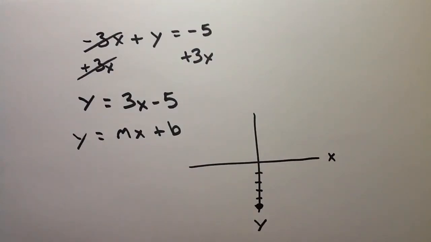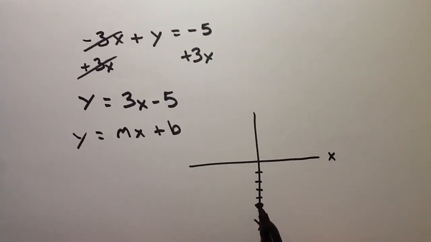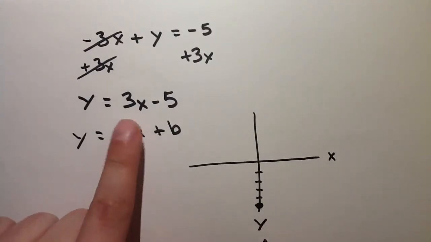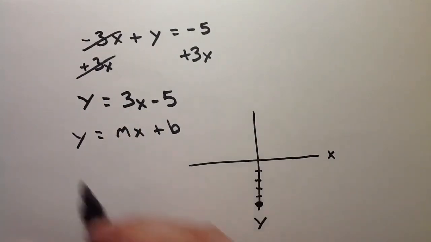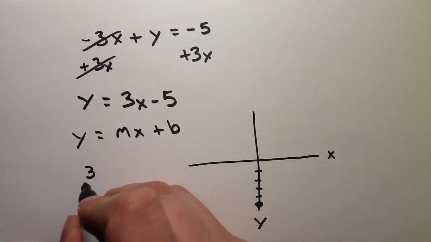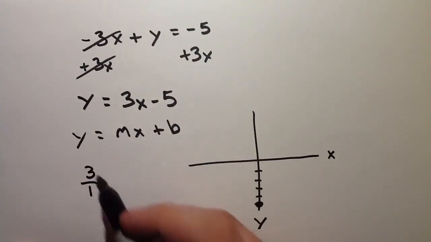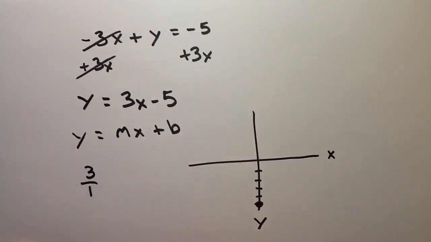Now I need to do a rise over run from the b, or the y-intercept. My slope here is 3, if I can see m and 3. So my rise over run, I can write 3 over 1. I can rise up or down, and run is left or right.